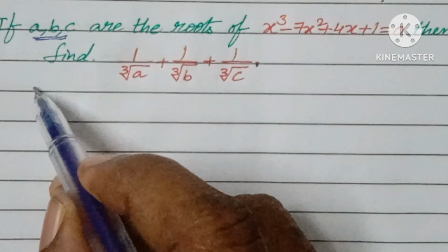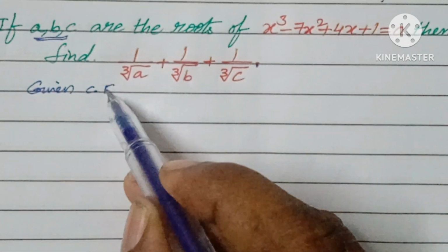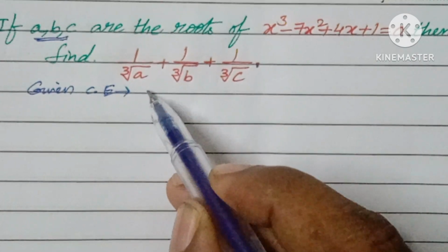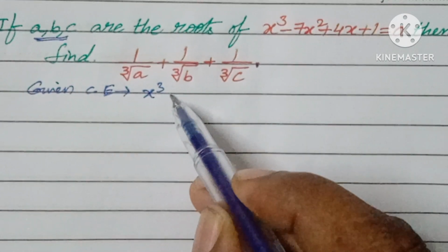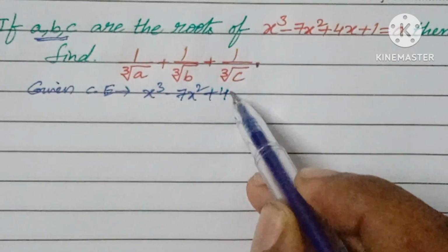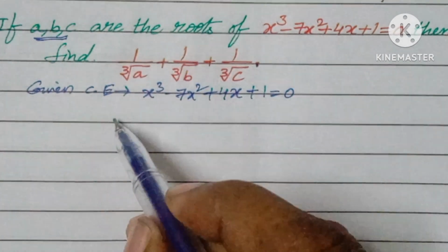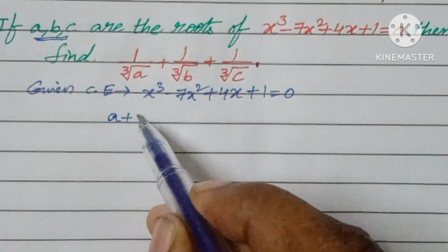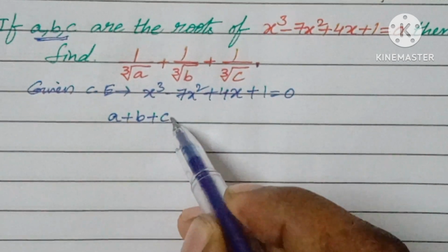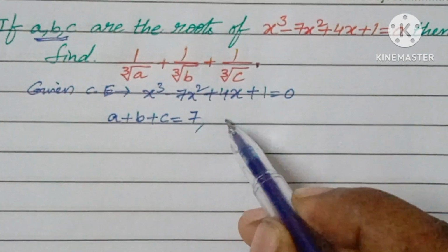So first of all, given cubic equation x cube minus 7x square plus 4x plus 1 equal to 0. A, B, C are the roots. Sum of the roots is equal to minus b by a, which is 7.